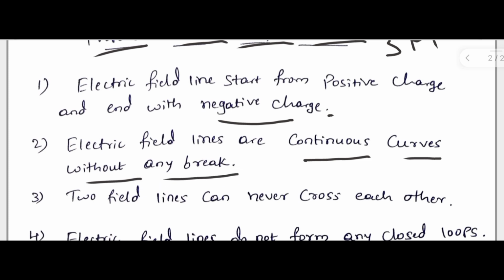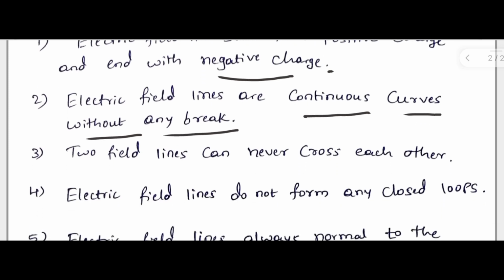These are curve-like structures as we observed in the previous diagrams. Continuous curves means there is no break in between, within the region of the electric field.